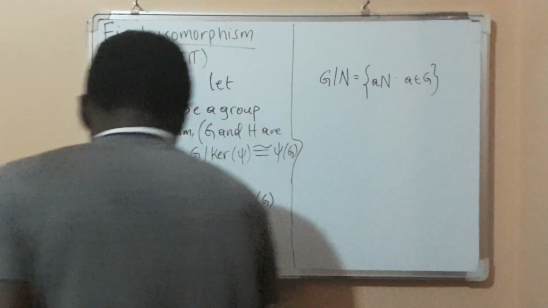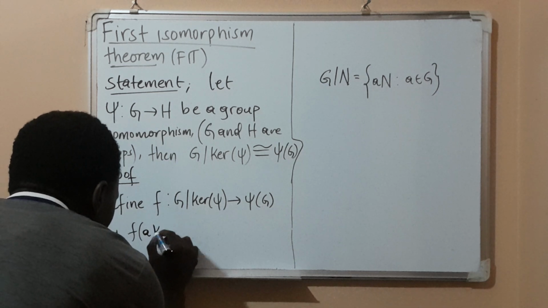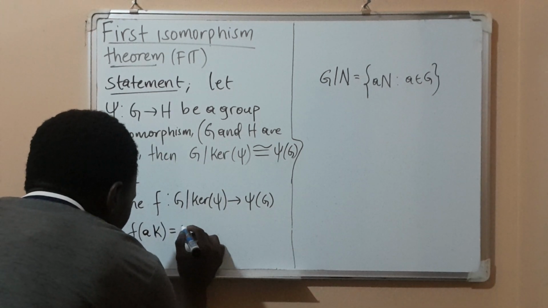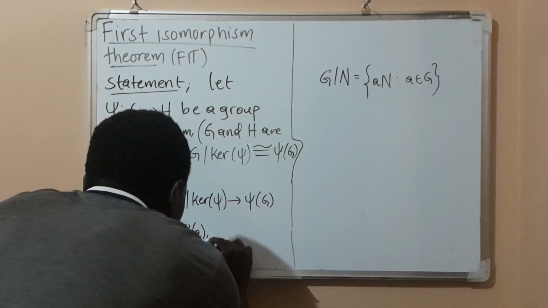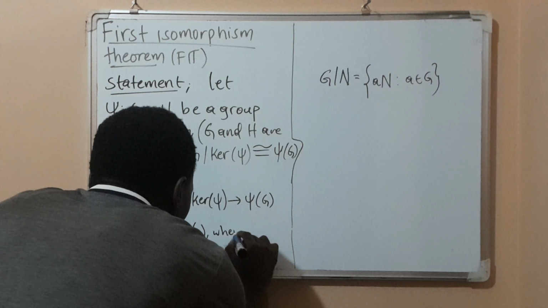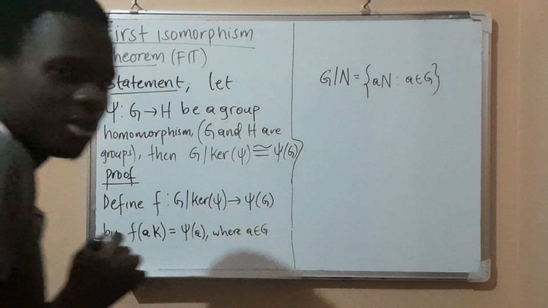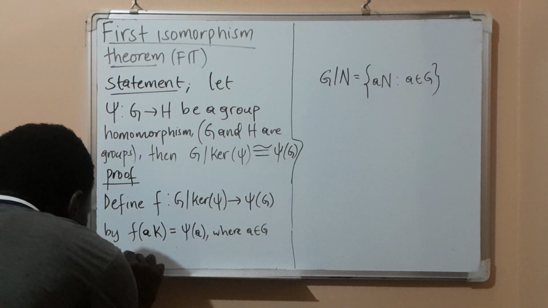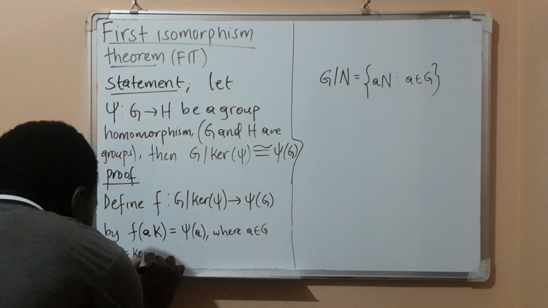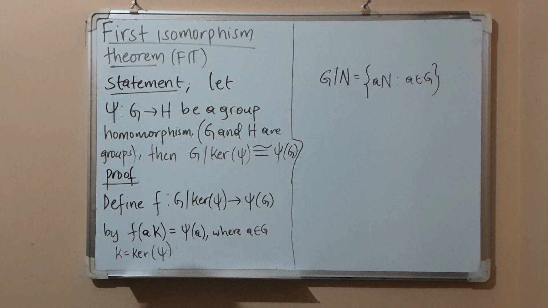So here we shall have F of aK being equal to phi of a, where a is an element of the group and K is equal to the kernel of phi. We are going to define this map by that.